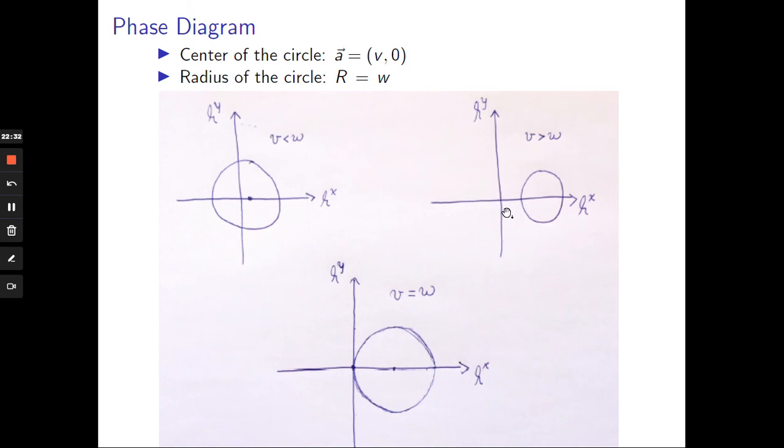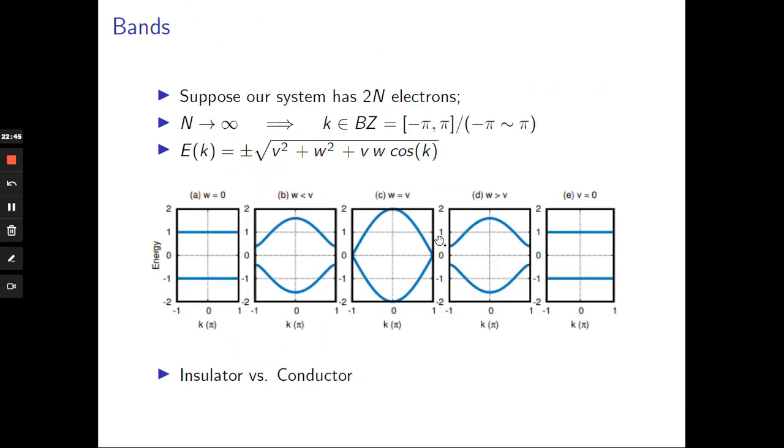There's no way to go around it. At some point we will have one point touching the origin, which will correspond to a conductor.